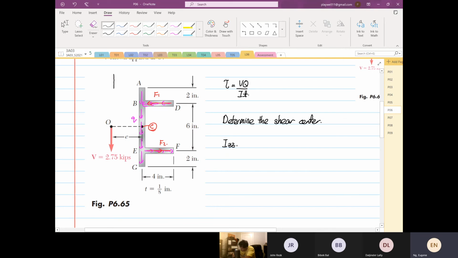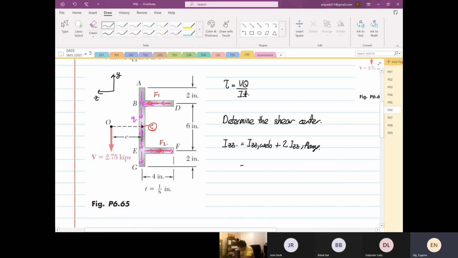So this is our transformation that we're always going to use. Y, and this is Z. Okay. So IZZ is equal to the IZZ of the web plus twice of IZZ of our flange.